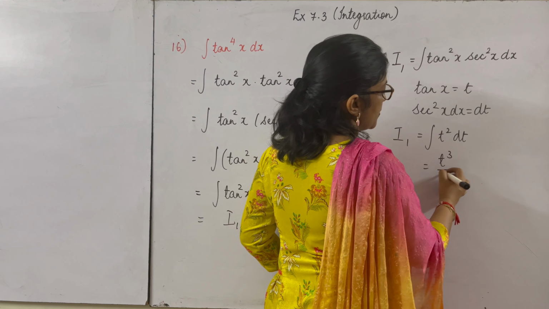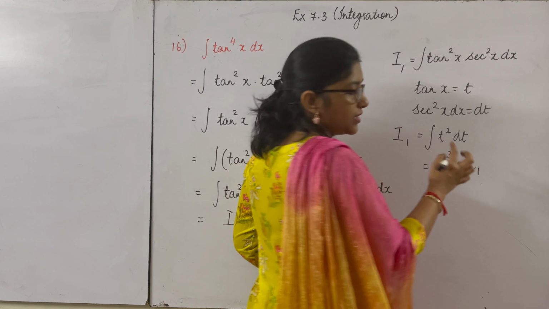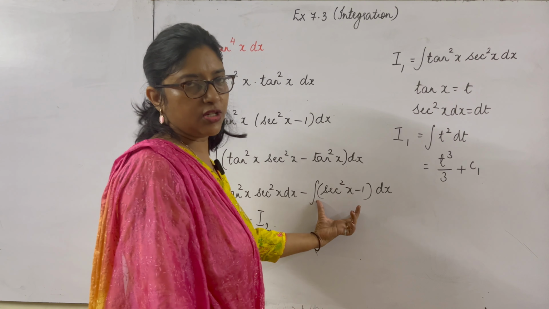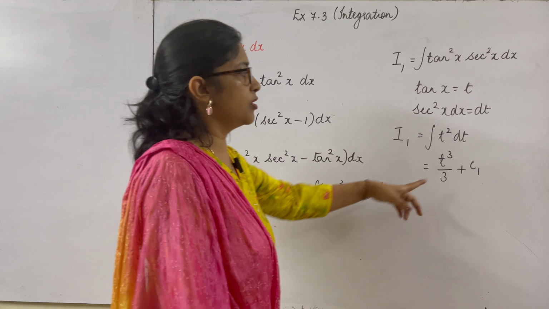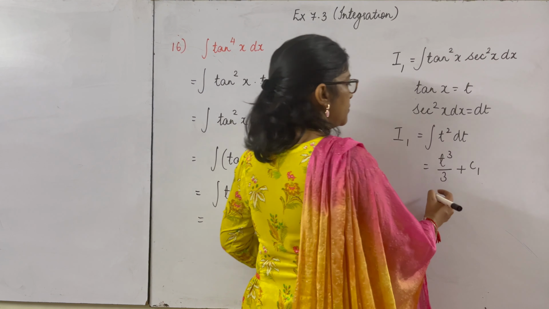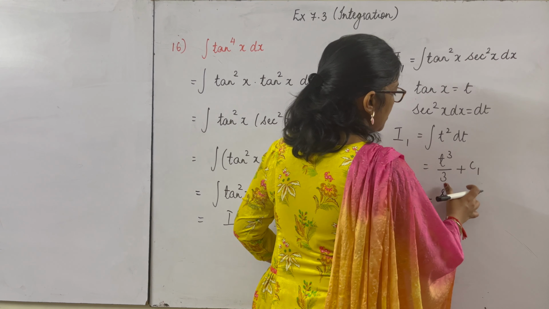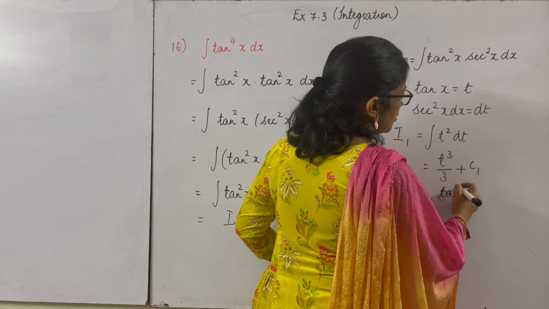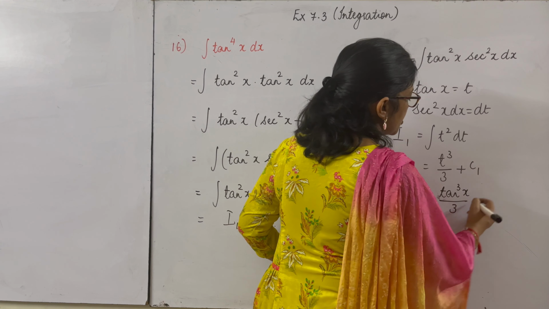Integration of t square is t cube by 3. We will call the constant C1 over here. And what is t? Tan x. So, we have tan cube x upon 3. That is the first one.